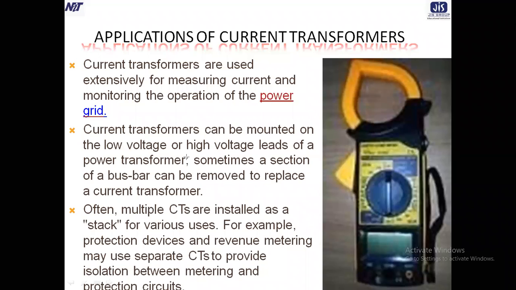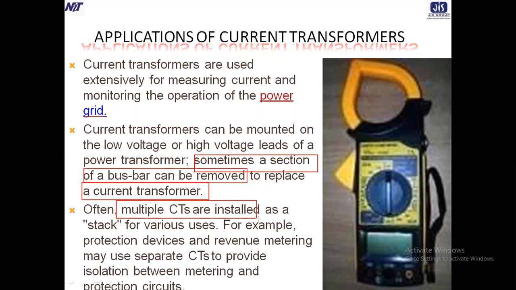Look, this is a very important part of this lecture. A current transformer can be mounted on the low voltage or high voltage leads of the power transformer. Sometimes a section of a bus bar can be removed to replace a current transformer. Okay, so how important it is to install in the system? Look here. Often multiple CTs are installed as a stack for various uses.